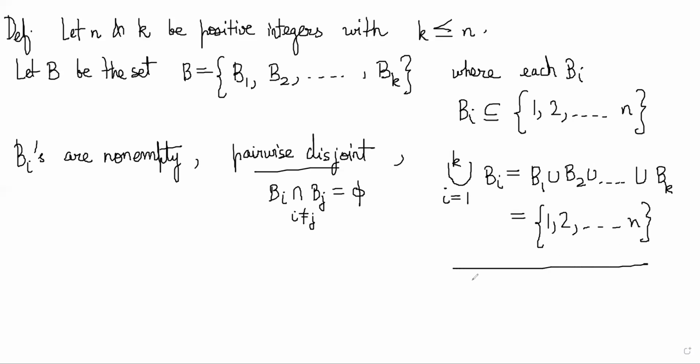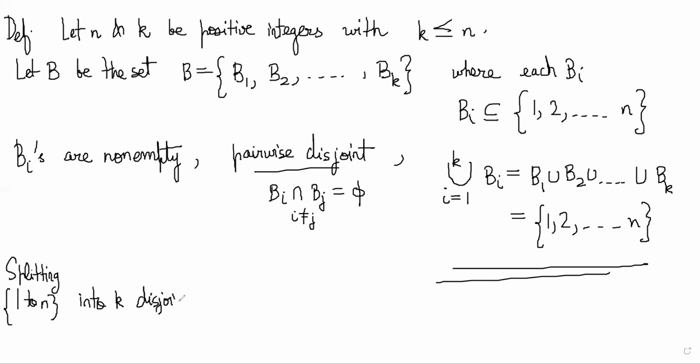So what this means is we are splitting the set 1 to n into k disjoint non-empty subsets. These subsets are called B1, B2, B3 till Bk.